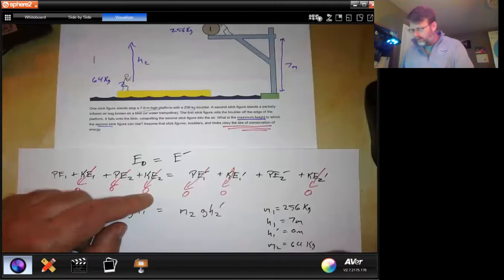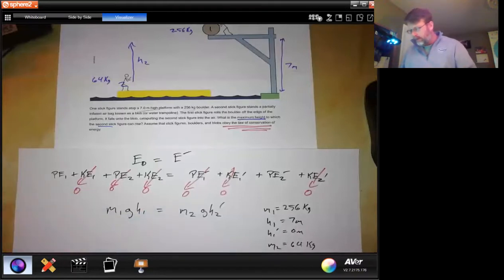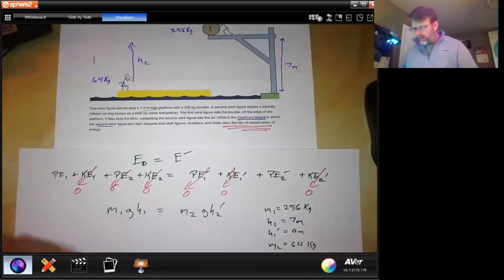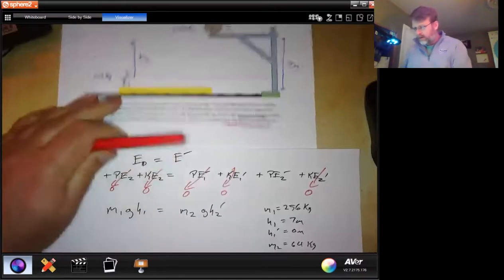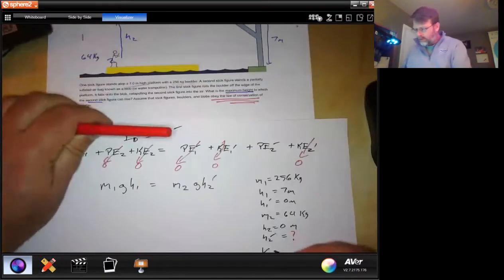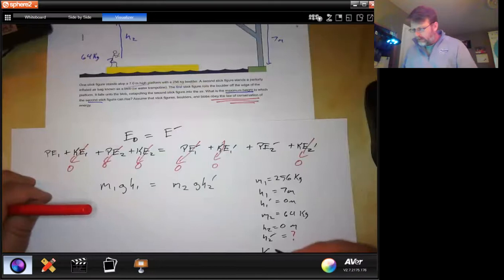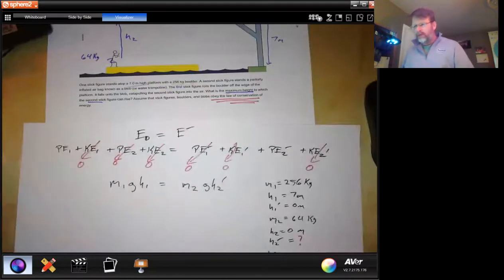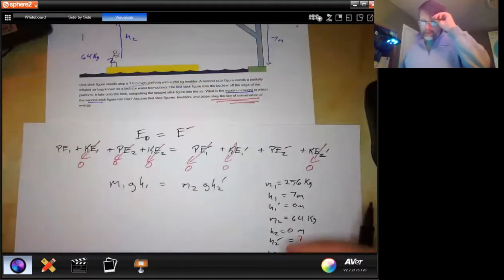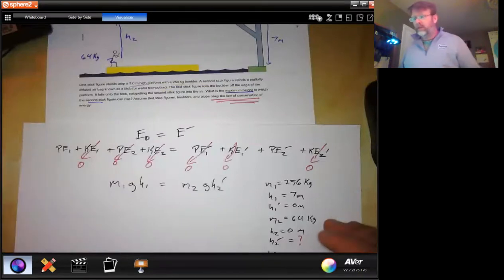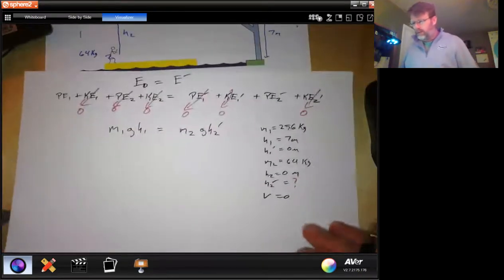And we are looking for 0 meters, H2 prime. That's the big question here. And then we're going to assume all the velocities are going to be 0. They start at 0, they end at 0. We're not concerned about what's happening in between all those points.